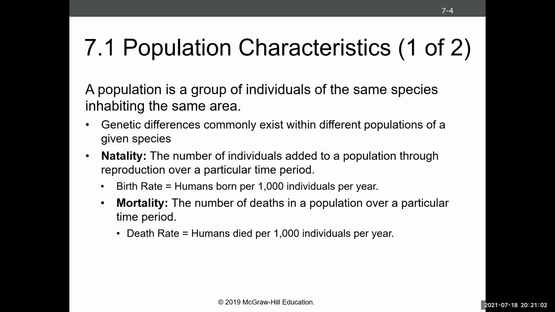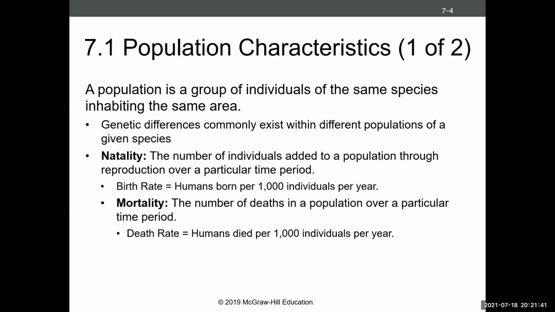So for example, a population of raccoons will be genetically different in North Carolina versus California, or South Carolina or Georgia or whatever, right? And the genetic differences are often determined by the interactions between the individuals within that population, and defined by the area in which that population lives.